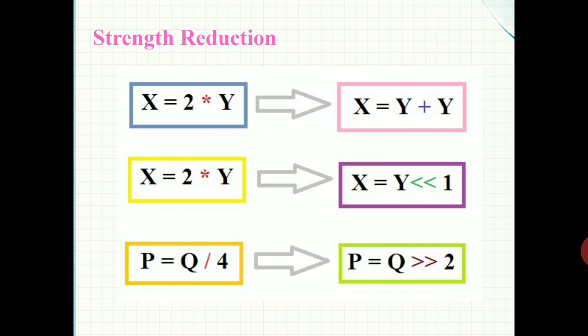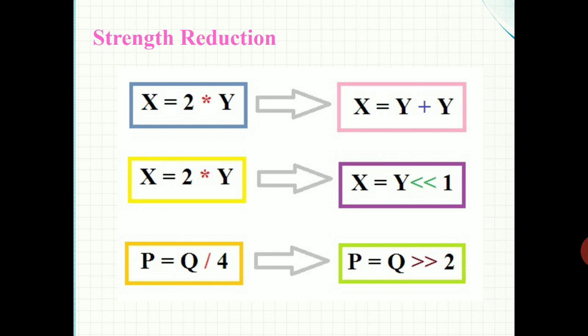As we all know, multiplication takes more time than addition. Compared to addition, multiplication is an expensive operation. So we can replace the multiplication operation by addition. That is the strength reduction method.